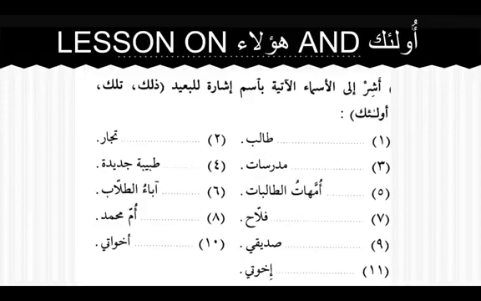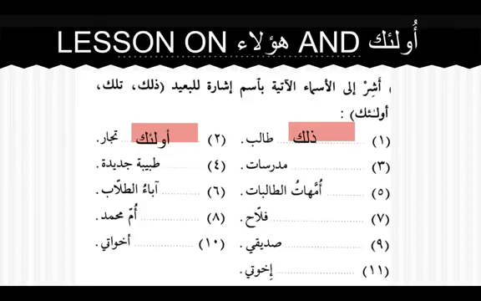So here we're going to do some exercise. Just put the appropriate ismul ishara lil ba'id. So we have dhalika, tilka, and ulaika. Talibun, it will be dhalika. Tujjarun, plural for tajirun, it will be ulaika.